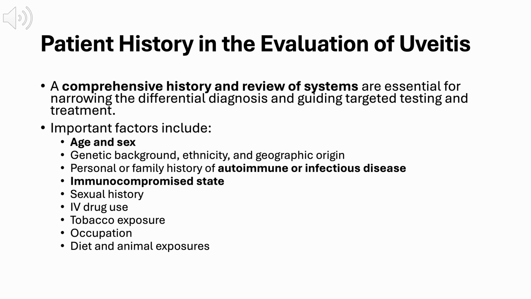Each of these can flip the differential. An immunocompromised patient, a specific travel history, or an animal exposure can make a rare cause suddenly likely. The history is where diagnostic hypotheses are born.